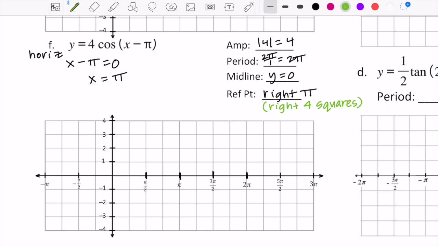So when I draw the basic graph before I shift, I'm going to start at 4 and do the pattern for cosine. But then I'm going to move everything right 4 squares. Midline is still 0. And then connect.